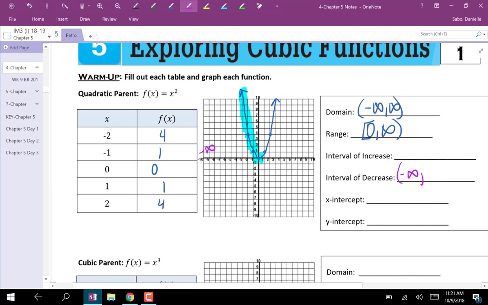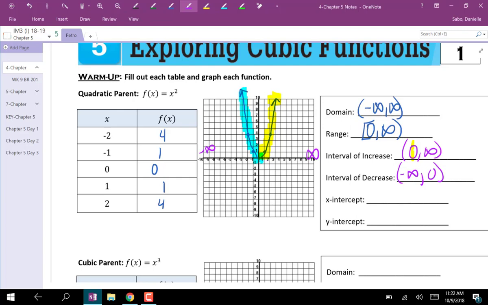And what x value do I stop? 0. Then it flips when we go increase, because here in yellow, we're going up, up, up, up, up, and I go from 0 to positive infinity, because you always end positive. Start negative, decreasing to 0, then I increase from 0 to infinity.